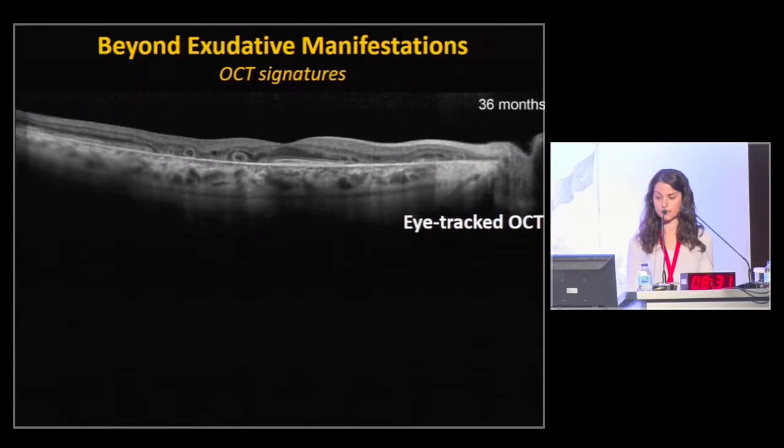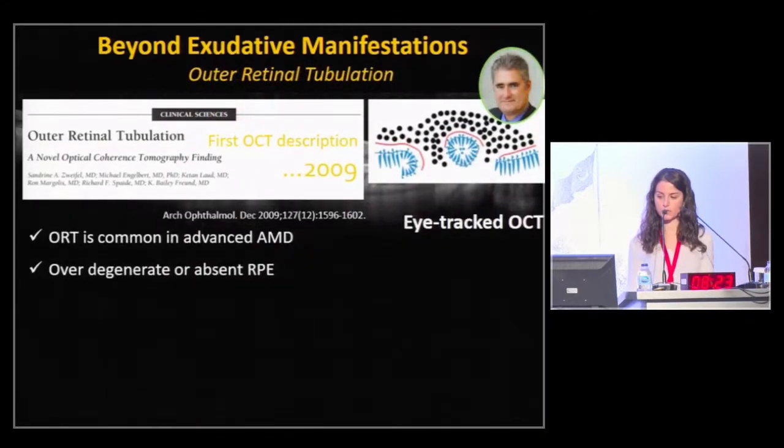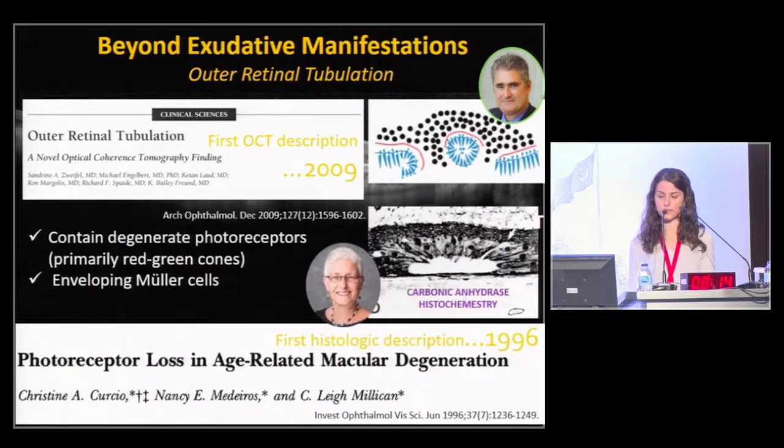So in this case, we are seeing some round hyperreflective structures in the outer retina, and this is called outer retinal tubulation. This was described by Dr. Freund in 2009, but in fact was first described in histology by Dr. Curcio in 1996.